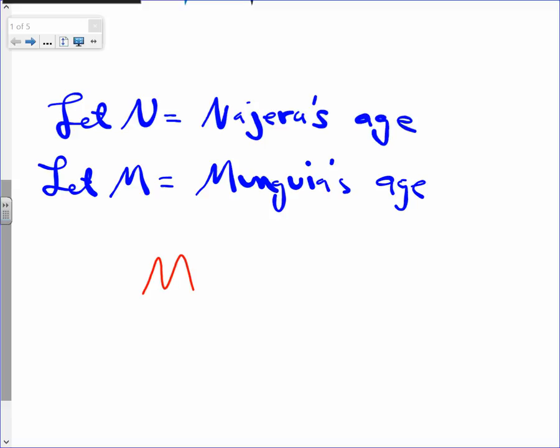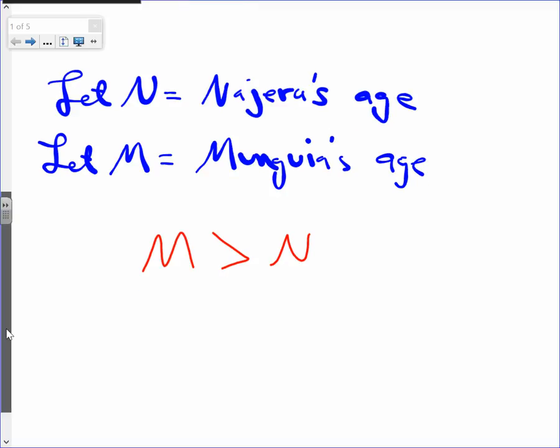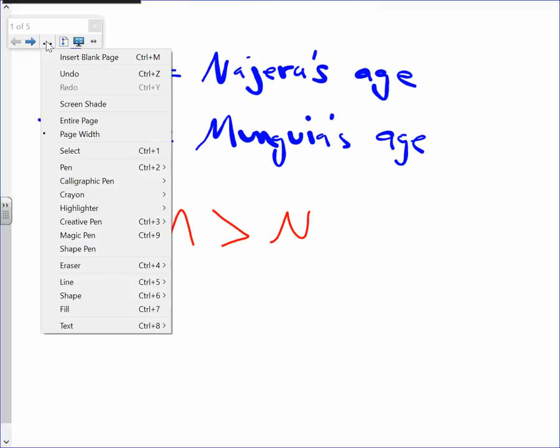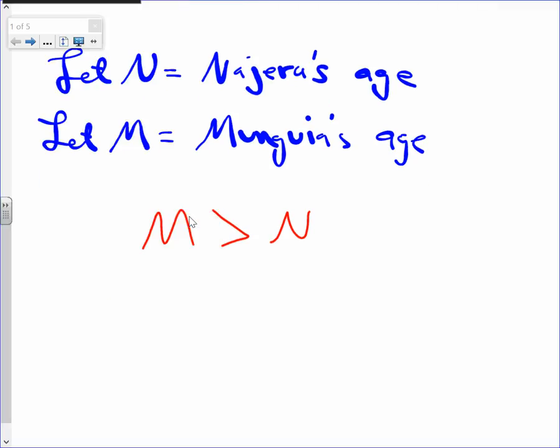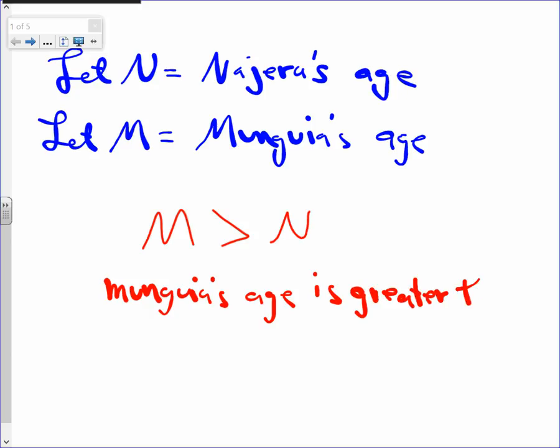m is greater than n. Let's not confuse what these symbols mean anymore. So go ahead and write Mungia's age is greater than Naheda's age.